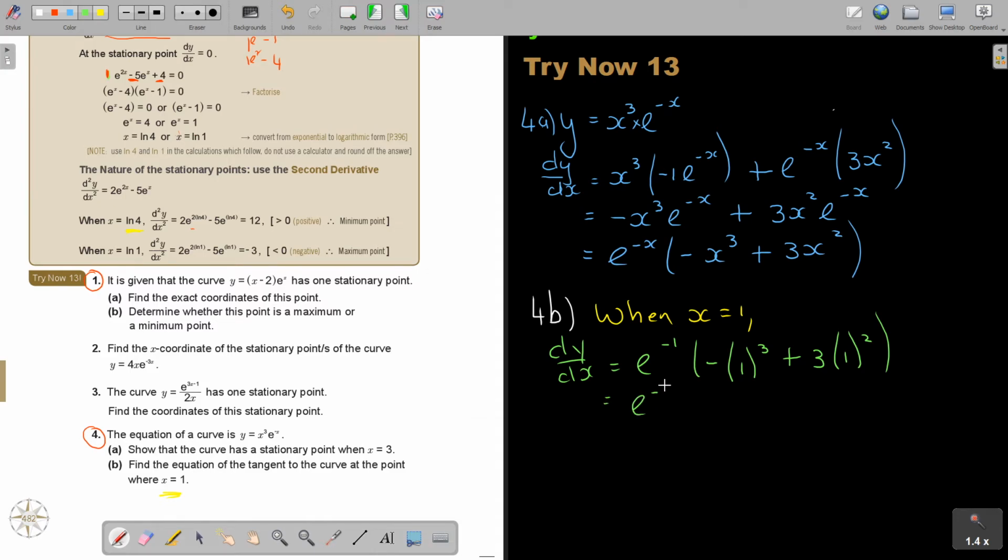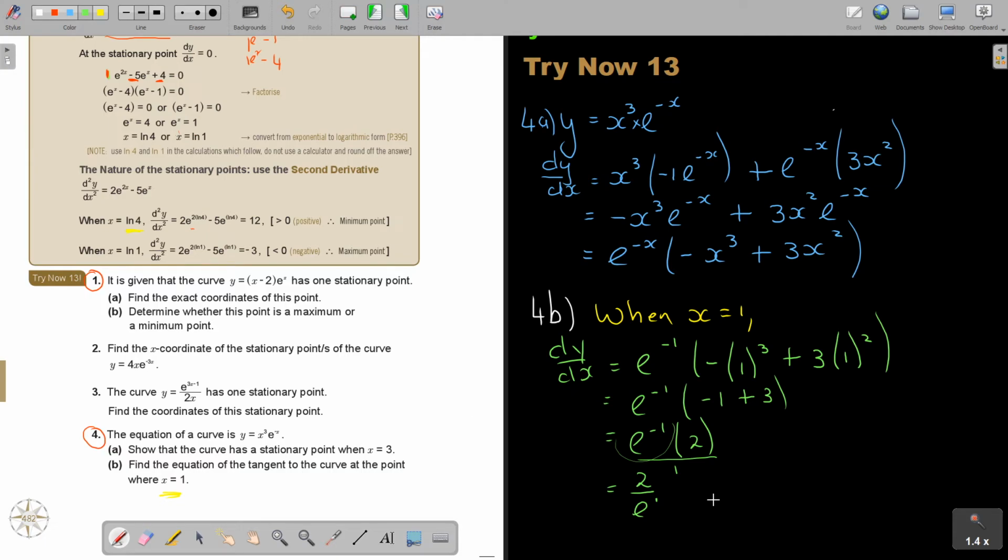And this is going to be negative 1 plus 3, e to the negative 1, and that's going to be 2. Now make it a fraction. Keep the 2 and take that 1 down, so it's going to be 2 over e. Can you see that? If you bring that down, that exponent is going to change from a negative to a positive.